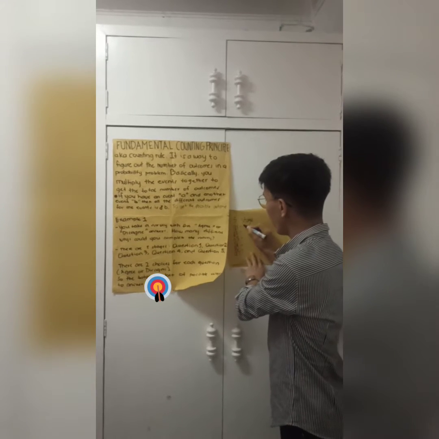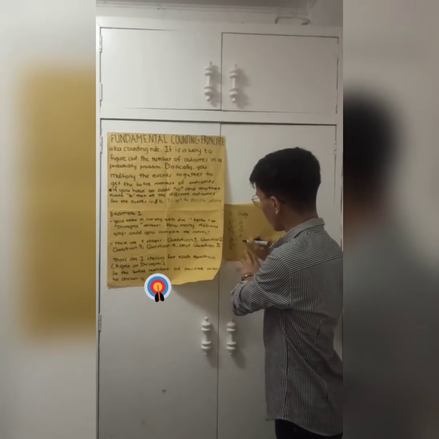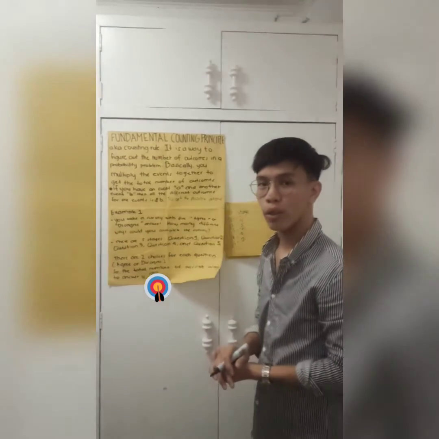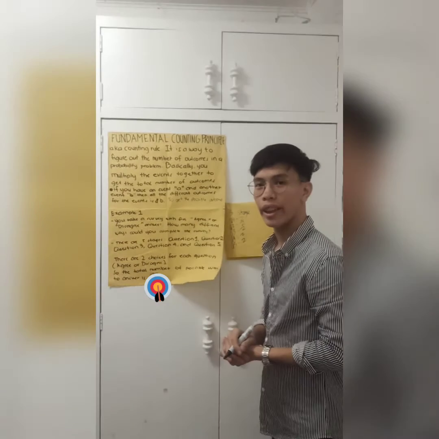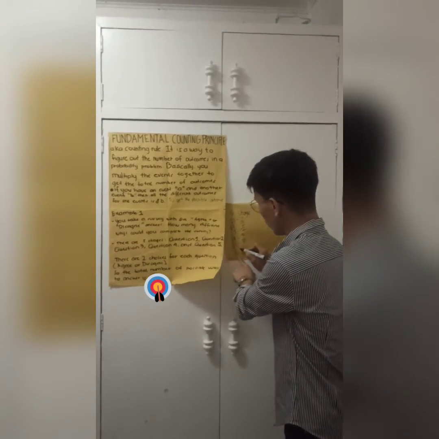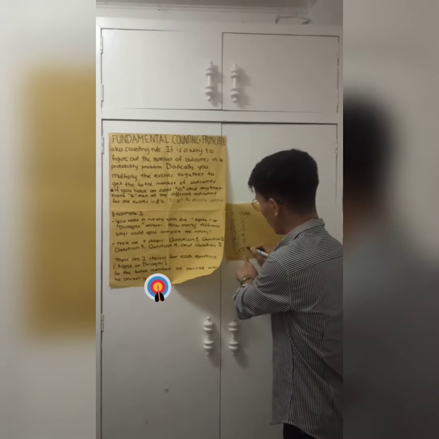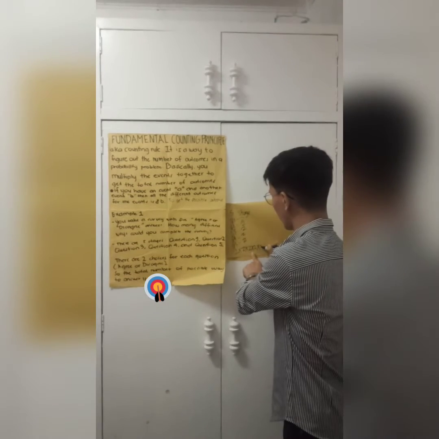So, question number 1 is 2, 2, 2, 2, 2. Now, to get the final answer, we will basically multiply each question. 2 times 2 times 2 times 2 times 2.